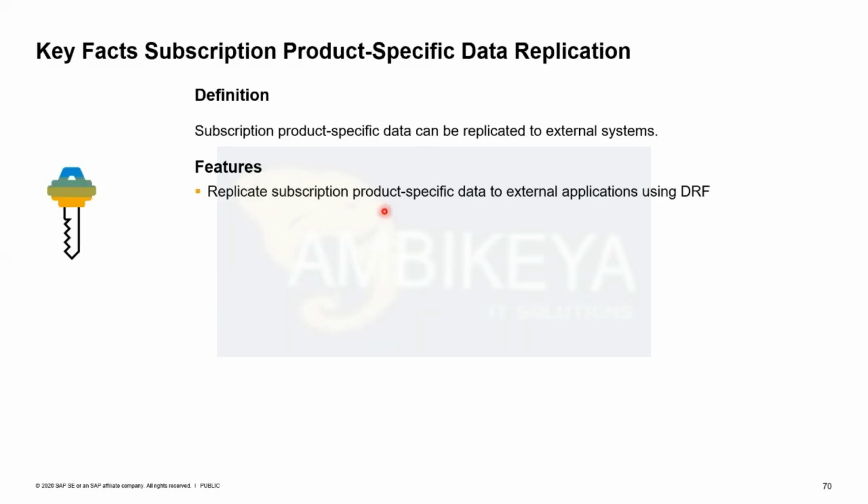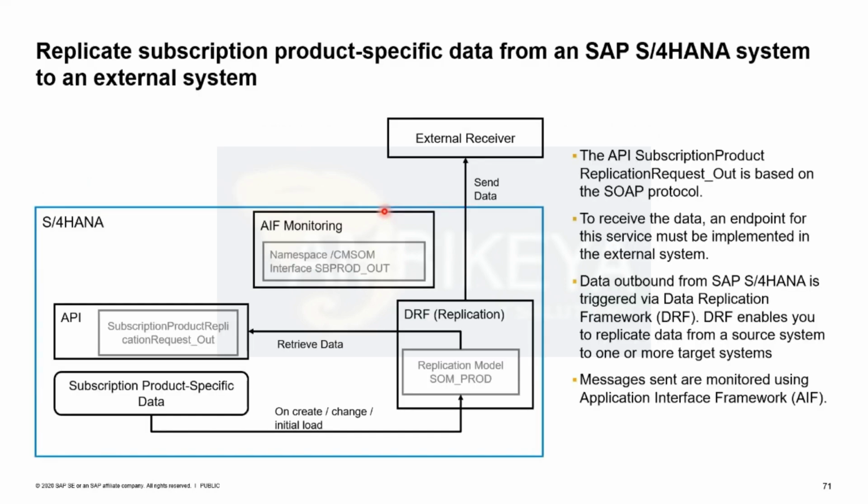So a new SOAP API is introduced in 2020 to support replication of subscription product specific data to any external system. Once again, this feature is dependent on DRF, the Data Replication Framework.